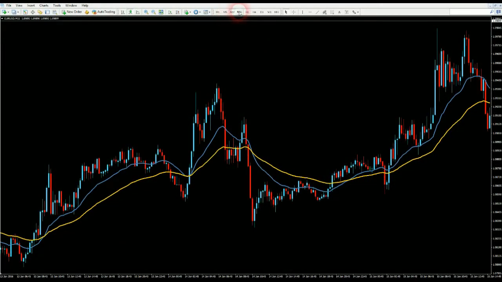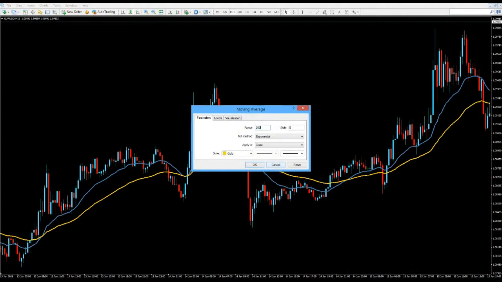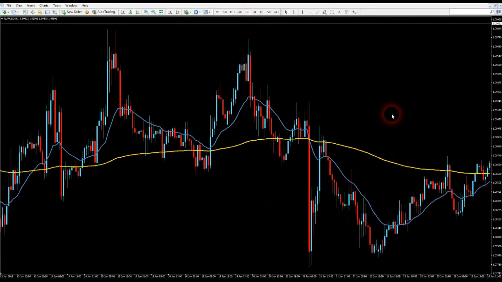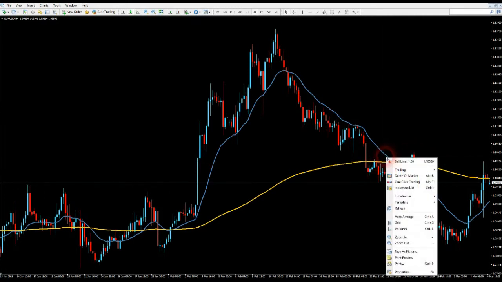Again, remember on the lower time frames, you might want to use lower period moving averages because a 200 is not going to give you that many crossovers, that many signals on the lower time frames. But they're better on the higher time frames for giving you more exact price action areas, more exact support and resistance areas. Like in this case, you can see this very clearly.